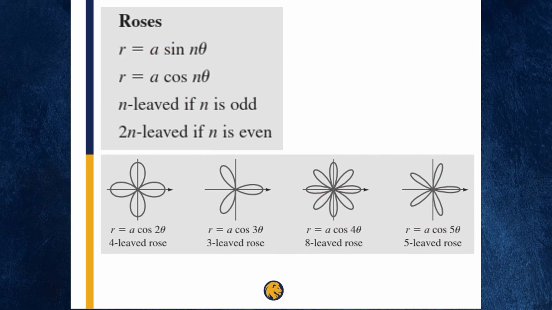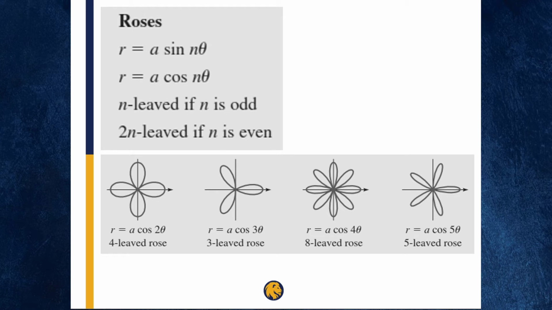So it turns out we can have a lot of different polar graphs that look like this with different configurations, with r equals a sine n theta or r equals a cosine n theta. And the number n that shows up in front of theta will determine the number of leaves. There will be n leaves if n is odd, and there will be 2n leaves if n is even.